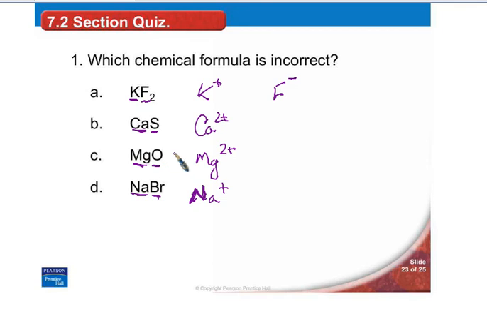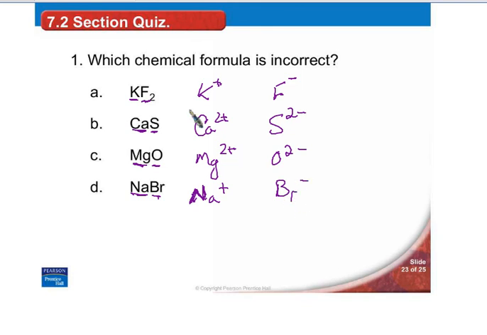Now these guys on the other side: sulfur is 2 spots away from looking like argon, so it's going to gain 2 electrons. Oxygen's 2 spots away from looking like neon, so it's also going to gain 2 electrons. And bromine is a halogen, so it's going to gain 1 electron.